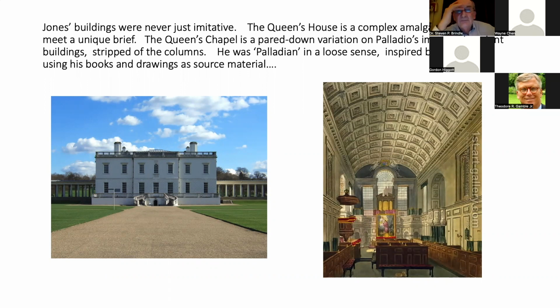The Queen's Chapel on the right is probably inspired by images of ancient buildings, in particular temples, but it's a very pared down vision of an ancient temple and one without the peripheral columns and portico. So Jones is a Palladian in a loose sense, in that he's inspired by Palladio and he's using his books and drawings as source material, as ways of getting to the architectural language of the ancient world.